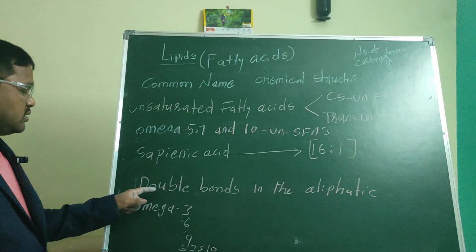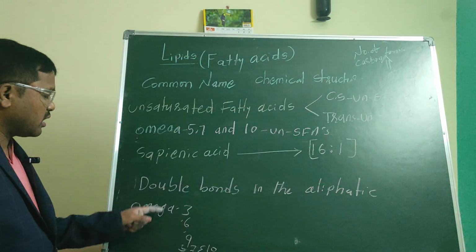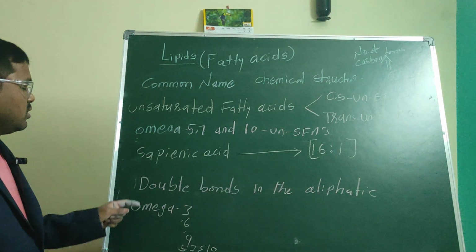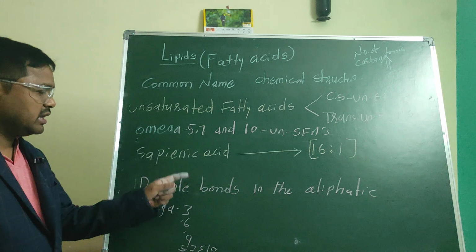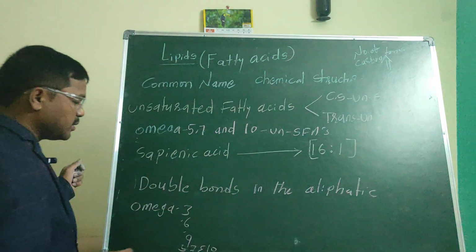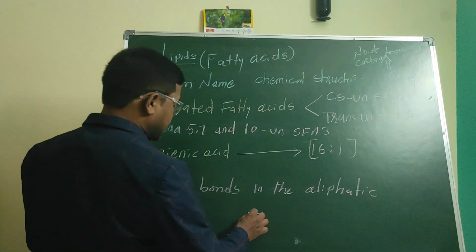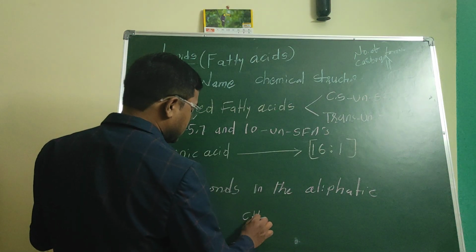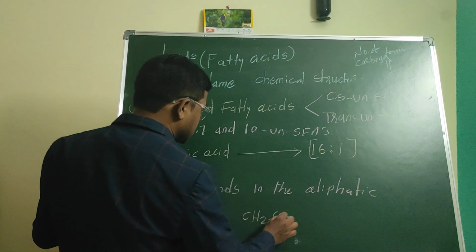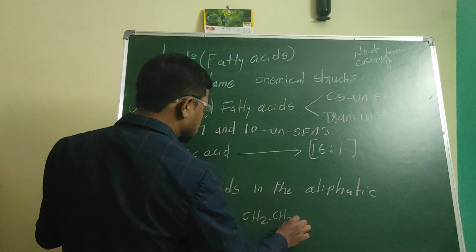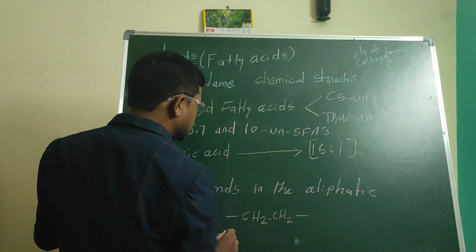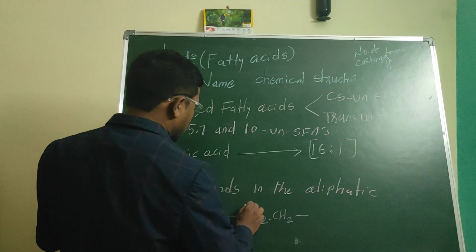These all have double bonds in the aliphatic chain. These double bonds are separated by an ethylene bridge.